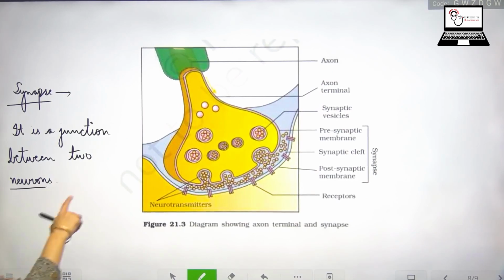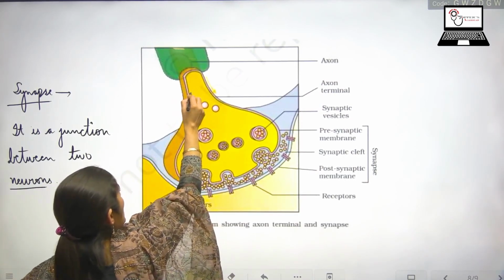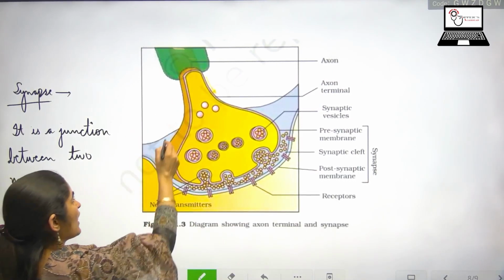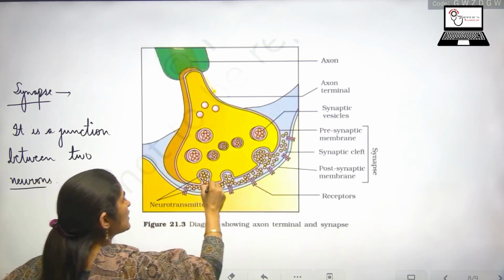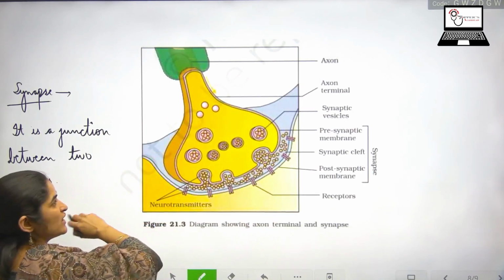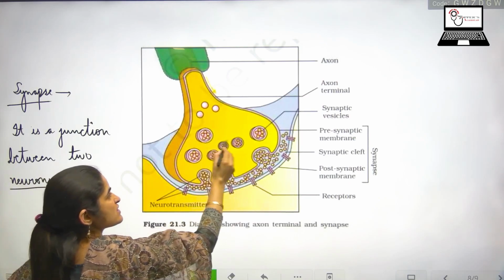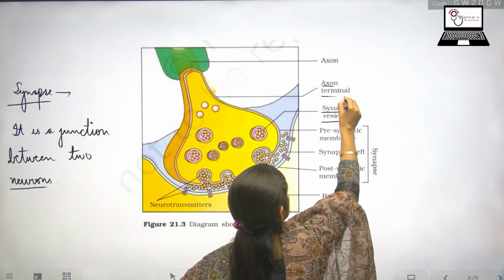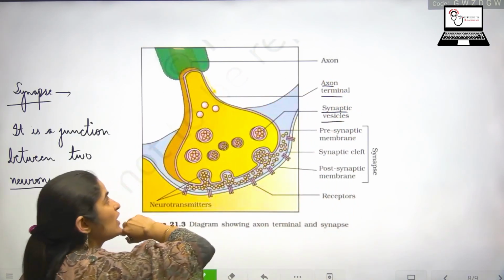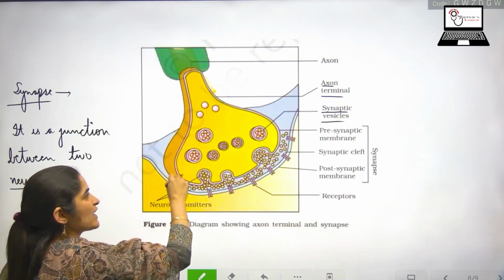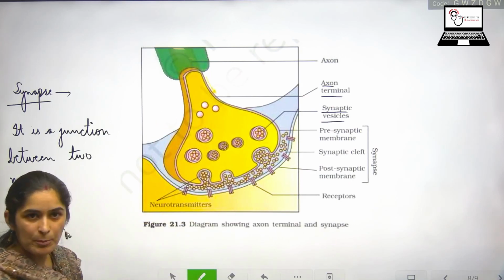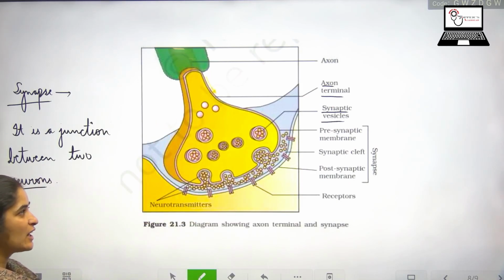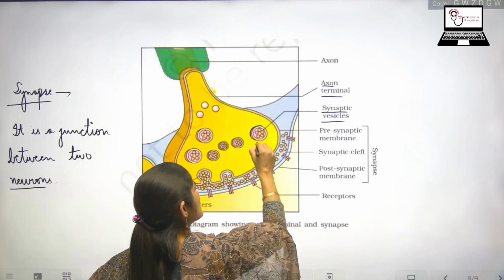So see here, this is the axon terminal and this is the synaptic knob. Inside the synaptic knob, synaptic vesicles are present. The terminal end of the axon is known as the synaptic knob.